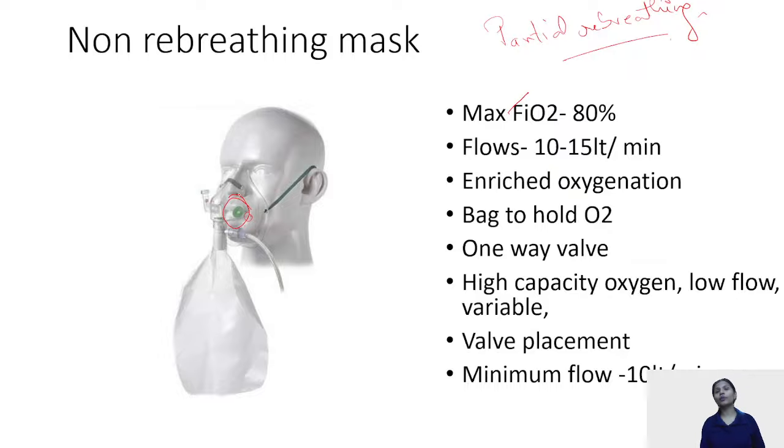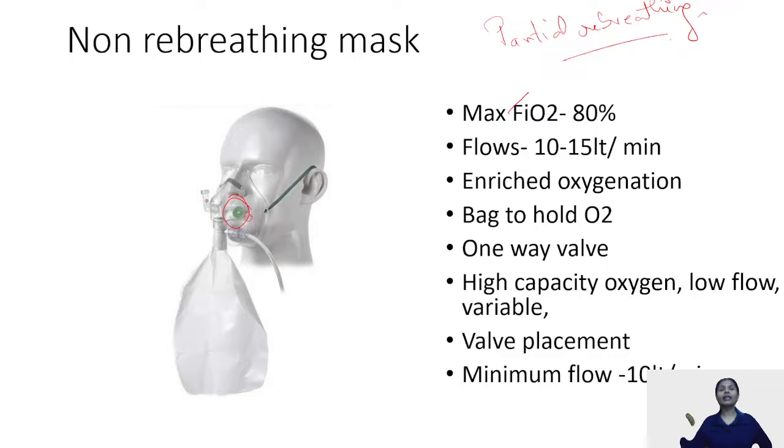This is a one-way valve which is present at the exhalation port. Please remember one thing, that this very valve which is present over the exhalation port has to be present outside the mask. This valve can never come inside the mask. When it is present outside the mask, when we exhale, by pressure this opens and all the gases can be vented out.